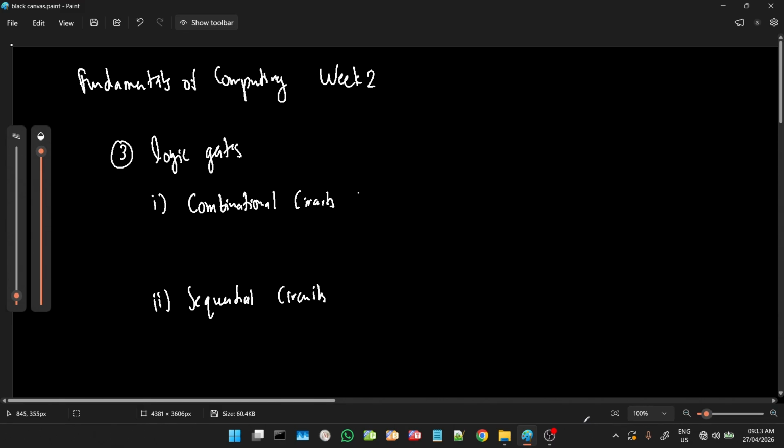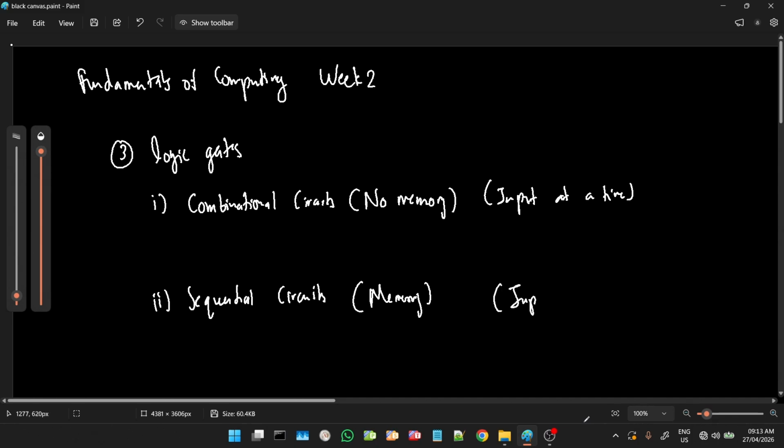Simplest way to remember this: combinational circuits have no memory. Sequential circuits have memory. So combinational only has one input at a time, the present input. This one has the input but also past inputs stored. Okay, so that is all there is to this.